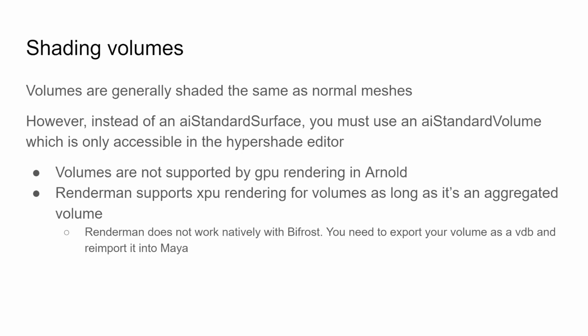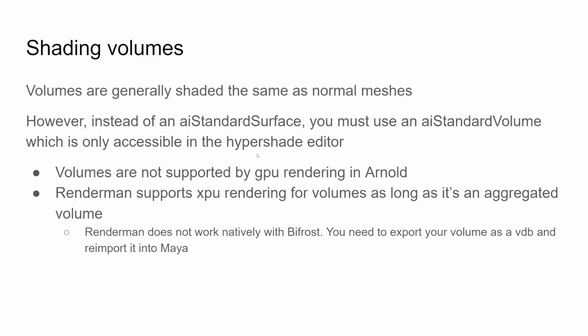For Arnold, it's the AI standard volume. The reason for this is because volumes are three-dimensional. They have an inside as well. So you shade each individual voxel and it can go through the object. If a voxel is, say, transparent, there are layers of transparency if you add them on top of each other. And they don't use this UV system that traditional shading uses.